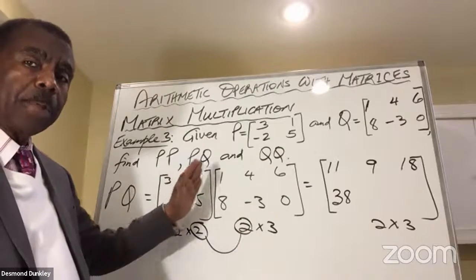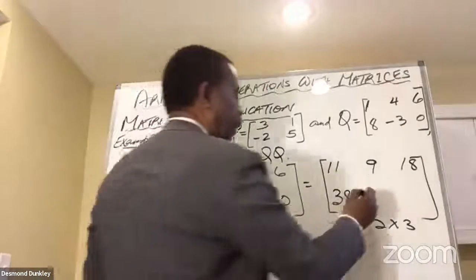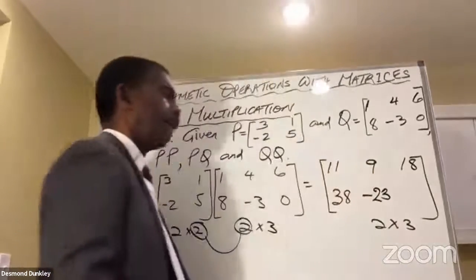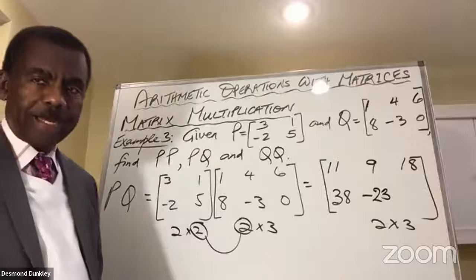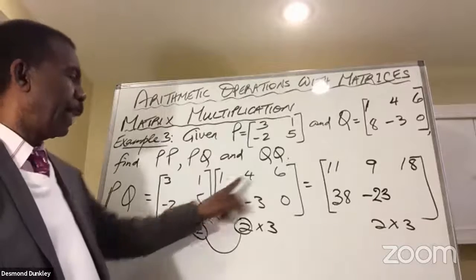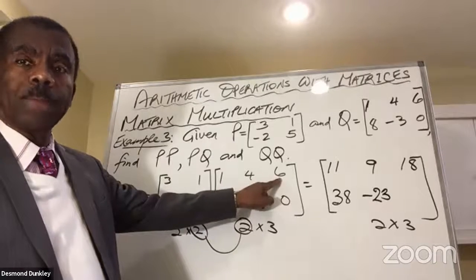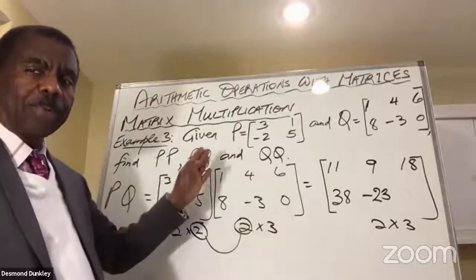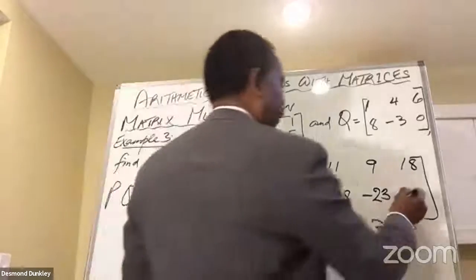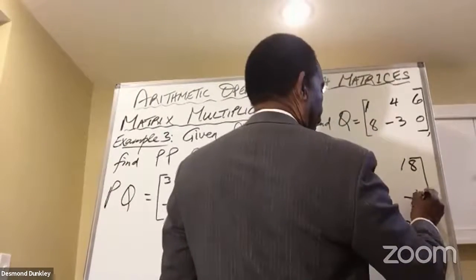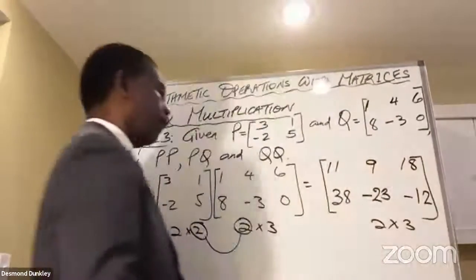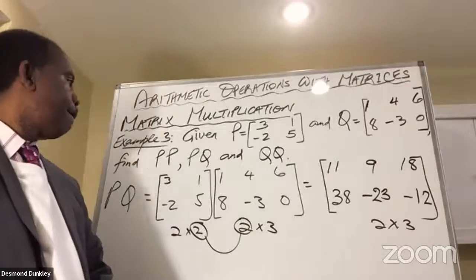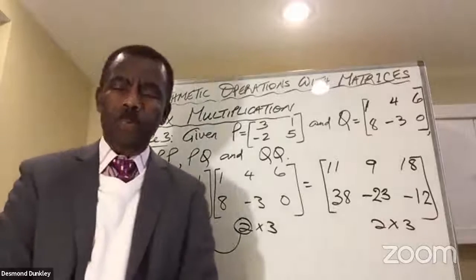Negative 8 plus negative 15 is negative 23. And finally, negative 2 times 6, negative 12. 5 times 0, 0. Negative 12 plus 0, so that would be the product P times Q.